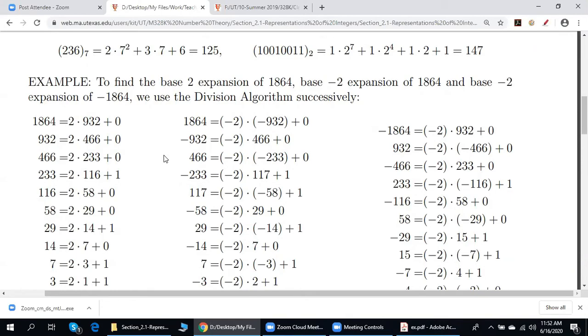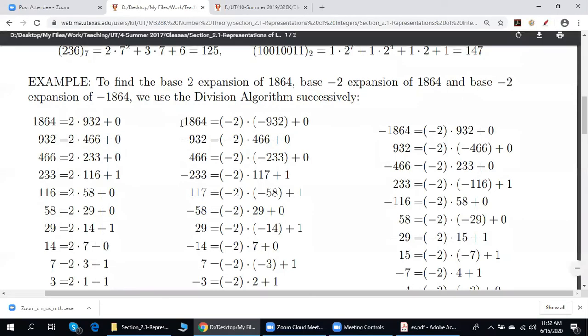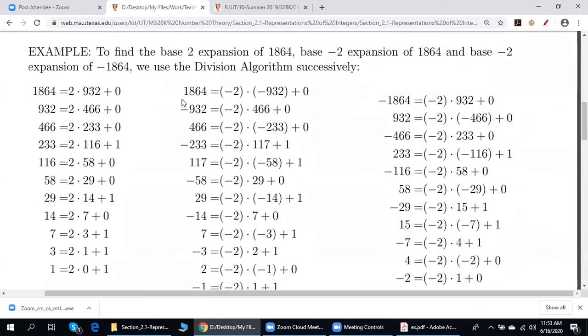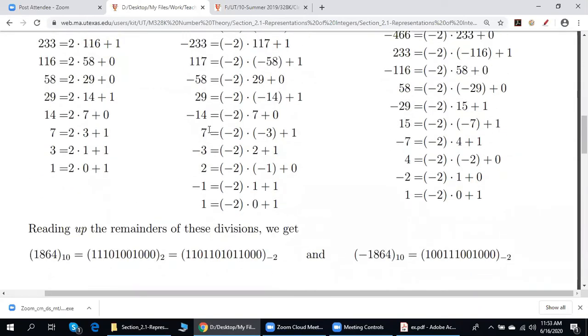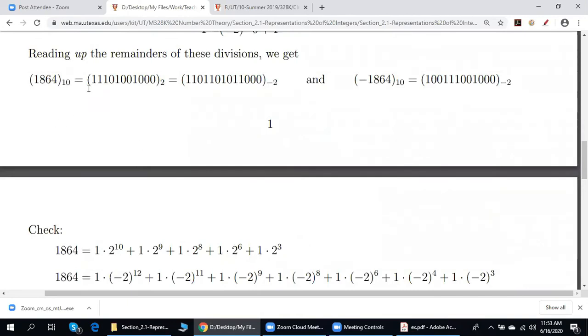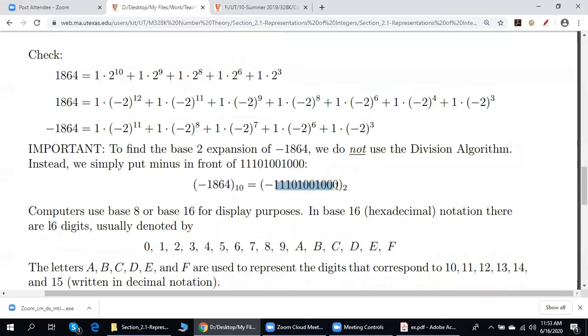If we want to find base 2 expansion of -1864, we just put negative over here. Please take a look at this. On the left-hand side, we have negative 1864. This is equal to negative, and then we just copy this over here, base 2.